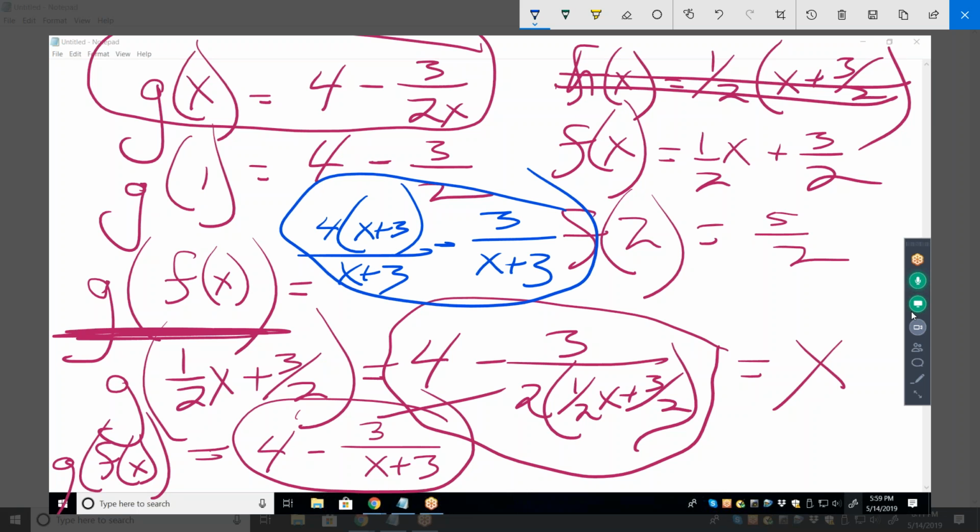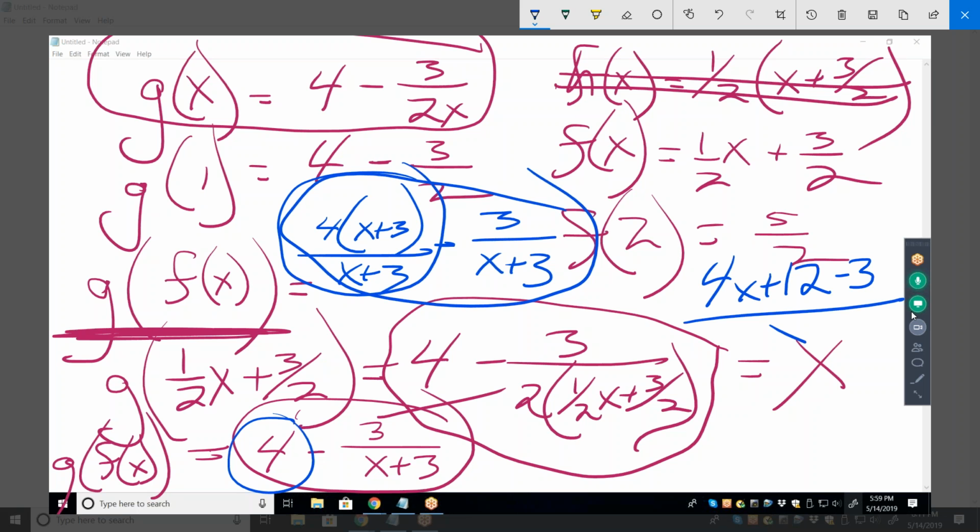In other words, this 4 right there is the same as that 4 right there. The only thing is I have a common denominator now. So what I really have is 4x plus 12 minus 3 all over x plus 3.